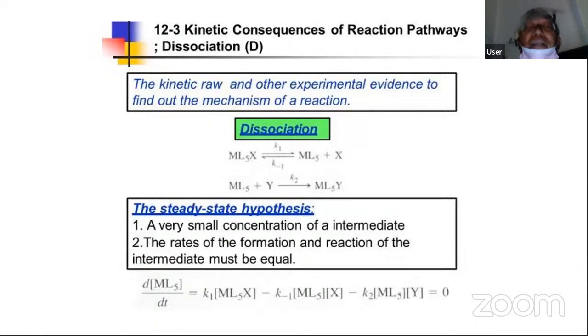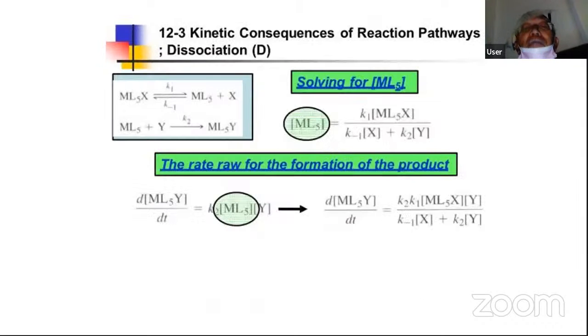Next slide. Let's see whether you get the formula of your intermediate. When you apply the steady state approximation, you can determine the concentration of your ML5. Remember this is dissociative D. So this is an equation of the concentration of your intermediate, ML5X; this is your X, this is your Y. So that is the rate. You can rewrite the rate law of your products.